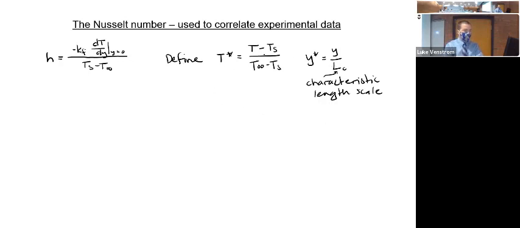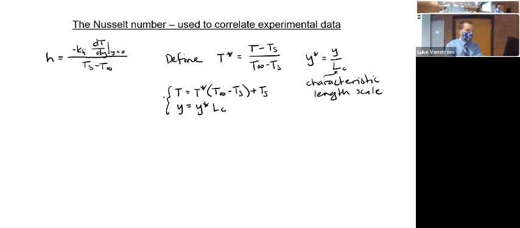What I want to do is take these definitions and solve them for T, and then put those into this equation. So T is the dimensionless temperature T star times T infinity minus Ts, plus Ts. And the dimensional positional coordinate y is the non-dimensional coordinate y star times the characteristic length.